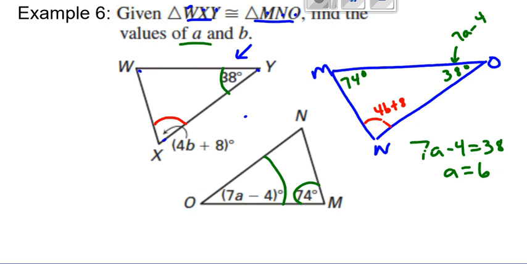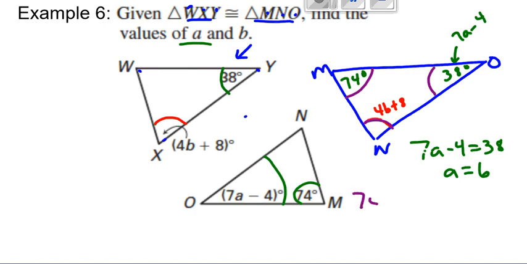So I guess there's a couple of ways that you could go about this. I think probably the easiest way is to know that the three angles here have to add up to 180 degrees. So let's do that. This one and this one and this one have to add up to 180.